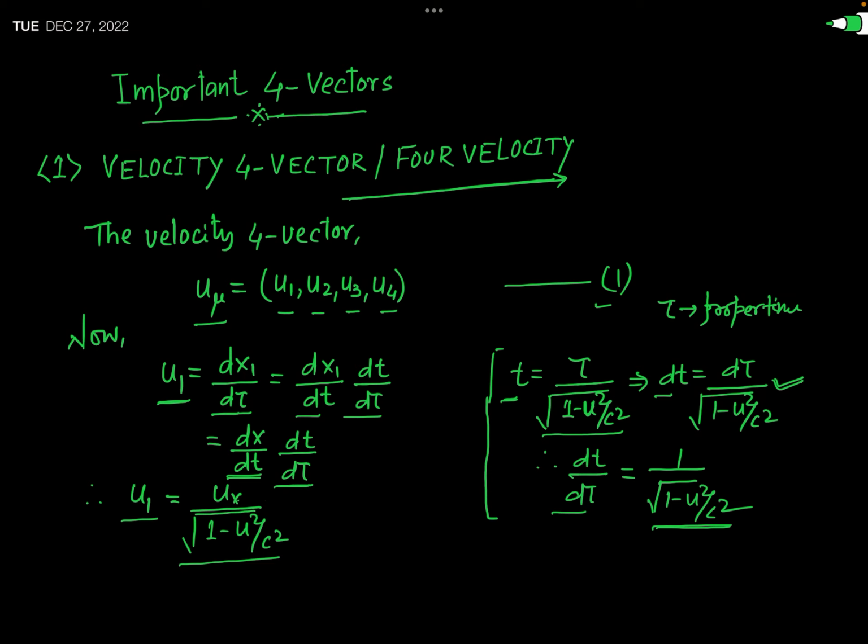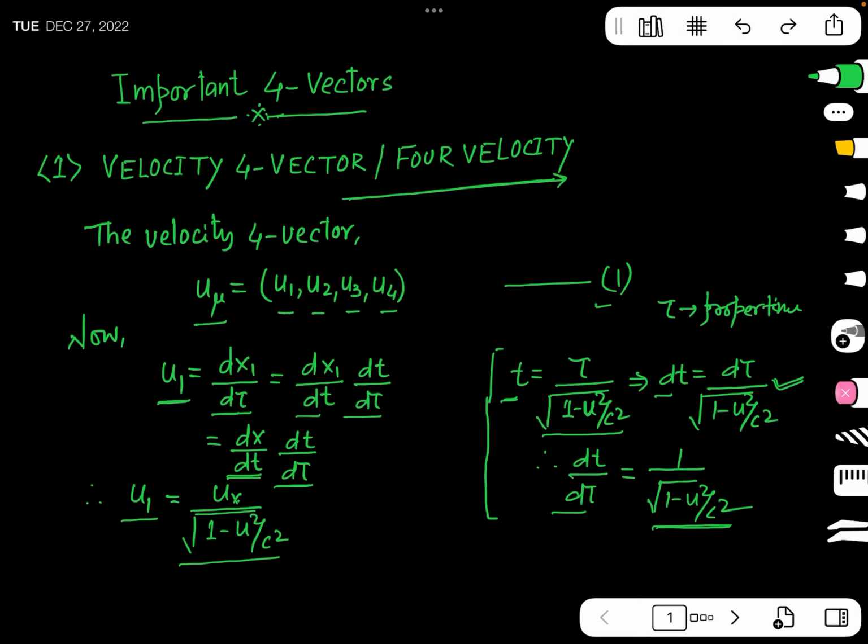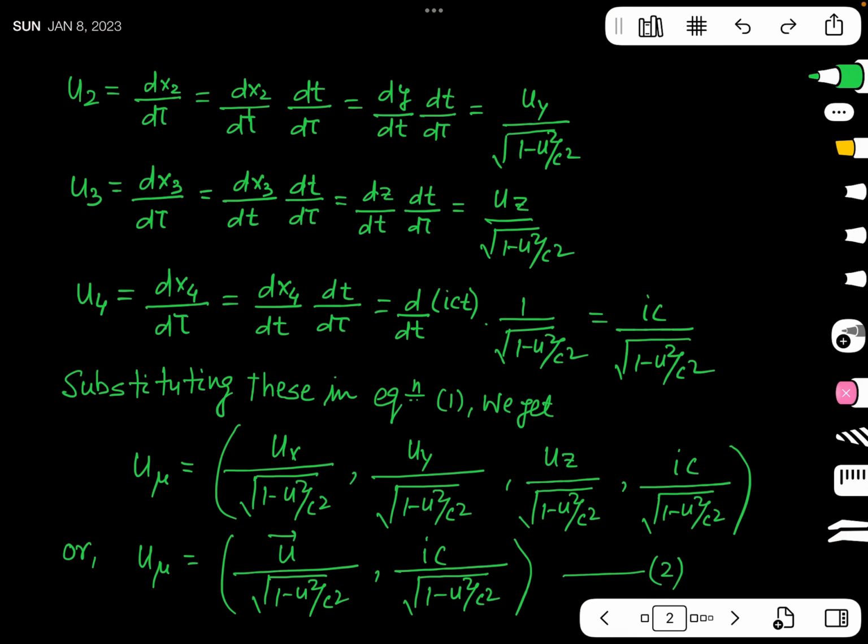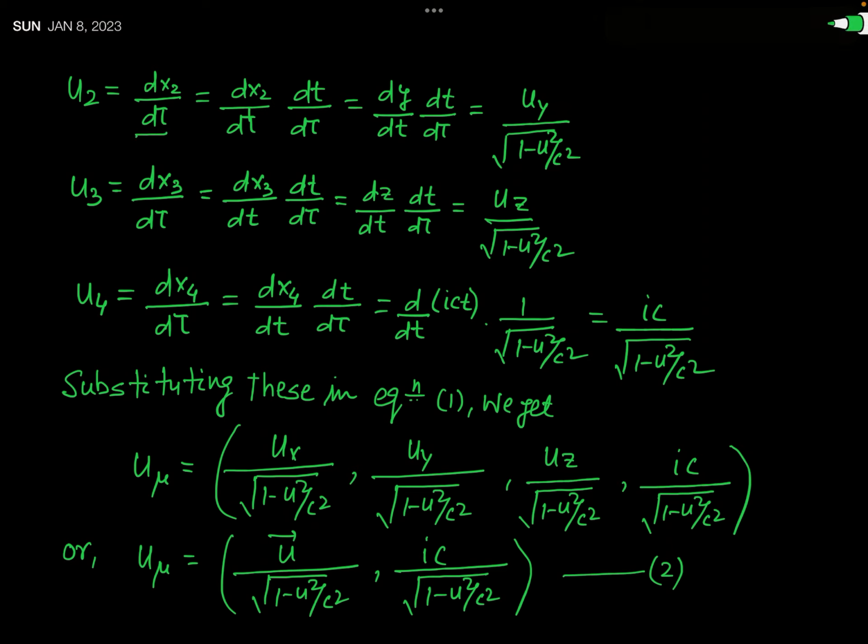Instead of 1, when you write 2, then here there will be uy. When you write u3, then there will be uz. But I have actually calculated these components also in the same manner. You can see here u2, you will define it as dx2 by d tau, and this can be written as dx2 by dt times dt by d tau. You have seen that this dt by d tau is equal to 1 over root over 1 minus u square by c square.